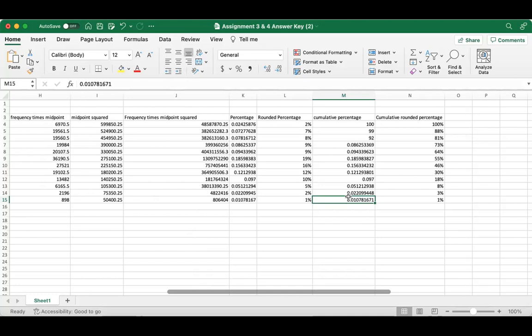That's our range. I just told Excel to sort these in order. So 94 minus 28, our range is 66. I just checked that, that's right.